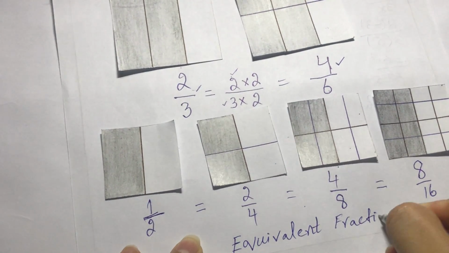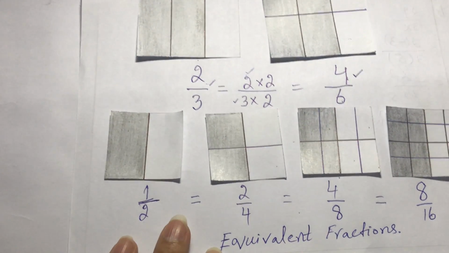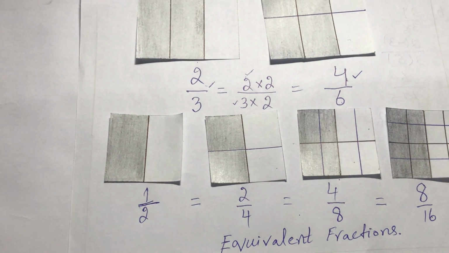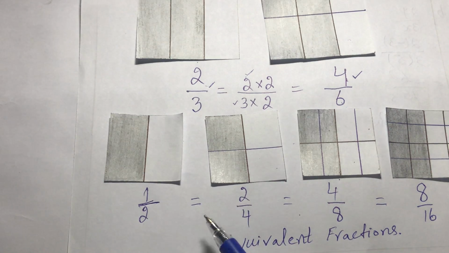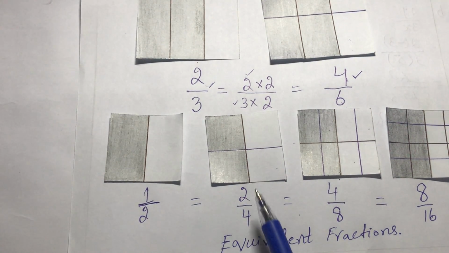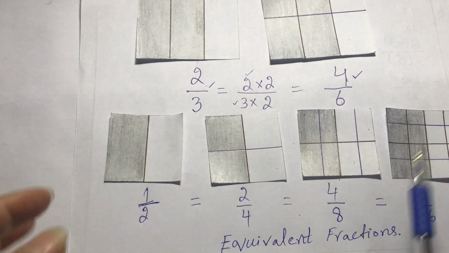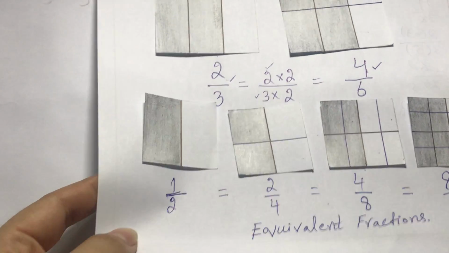Equivalent fractions, right? Because if you will multiply or you will divide your shapes further into equal parts, its shaded area will remain same and you will get the next results, and these results are equal to each other and these are called the equivalent fractions, right? Understood?